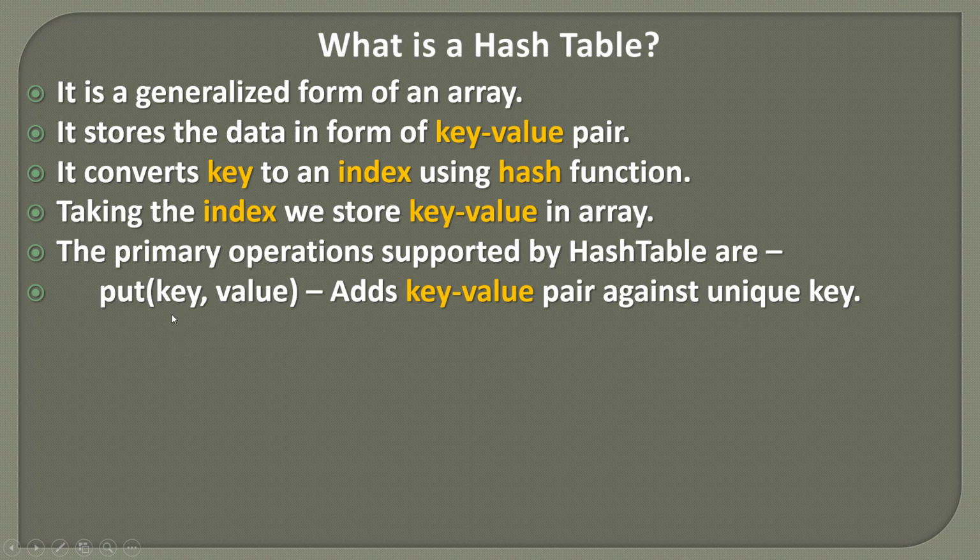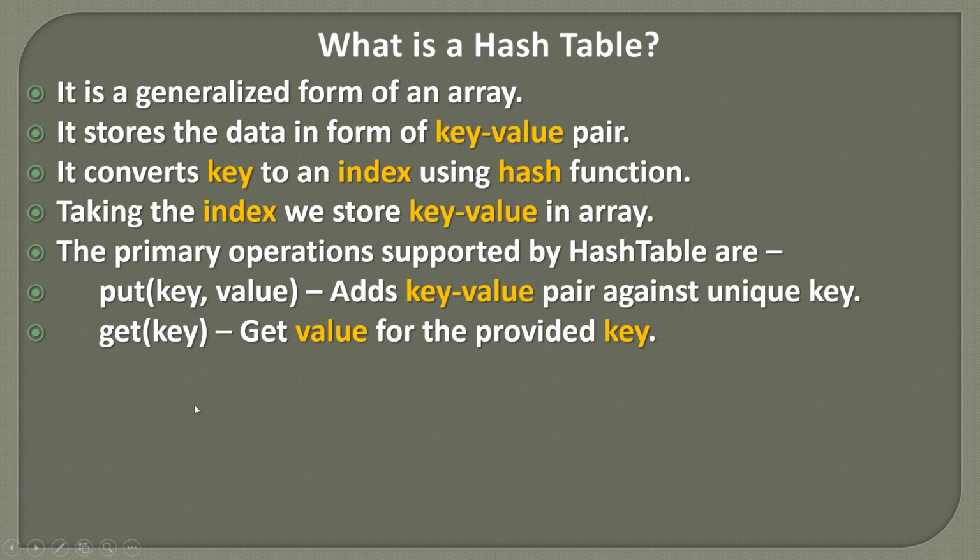Here our key is unique, and if we try to add a different value with the same key, then that value gets updated and the older value is removed. The key is unique because it goes into the hash function, and based on the hash function calculation our index is returned, and on that index this key value pair is stored.